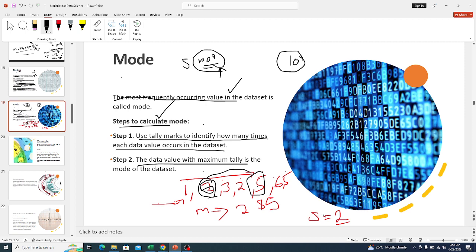If I run the single mode, it will return 6, but not 5. Why? Because 6 is the first value to occur more than twice. So please take note of that.